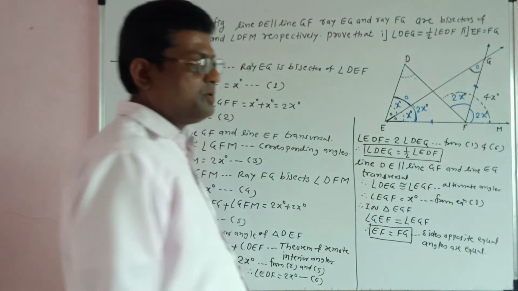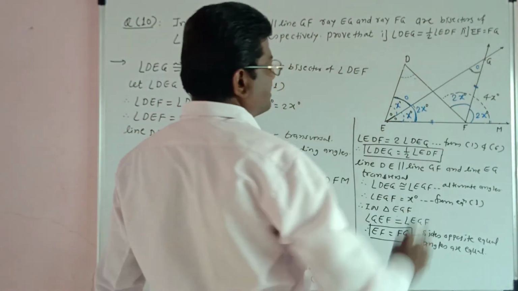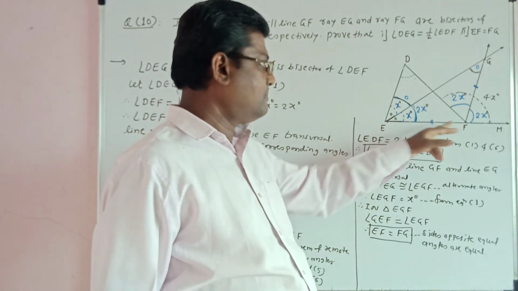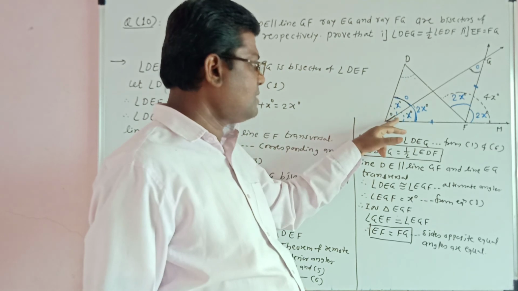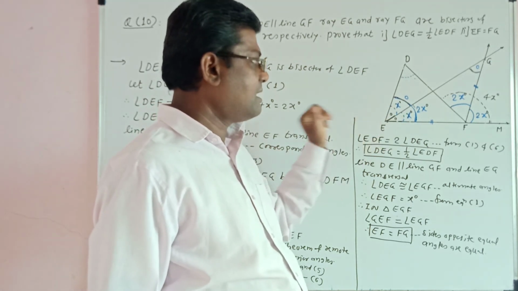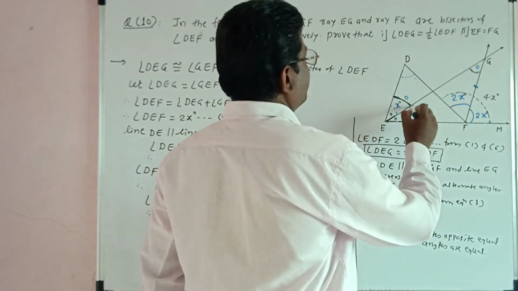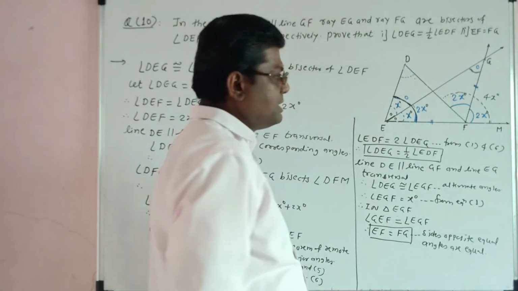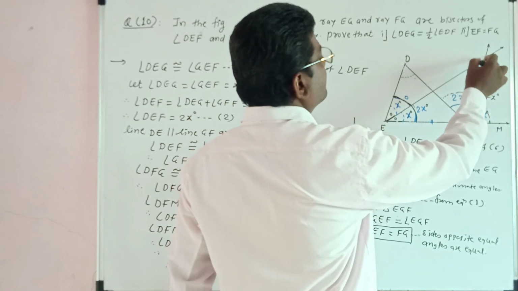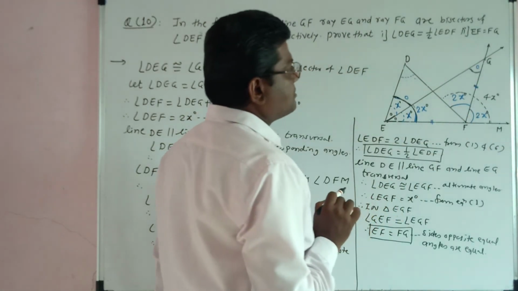Now let's see once again. EG is a bisector of angle DEF. Therefore, these two angles are congruent. Let this angle be x. Therefore, this angle will also be x. Therefore, this total angle becomes x plus x, 2x degree. Now, DE parallel to GF and EF transversal.